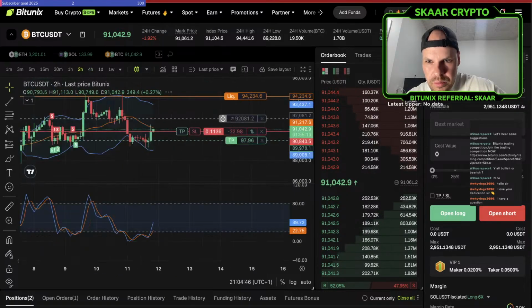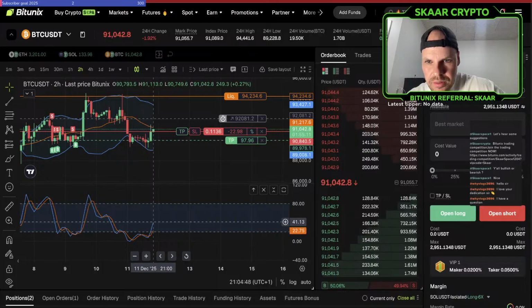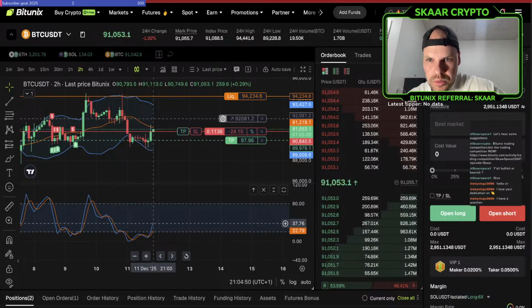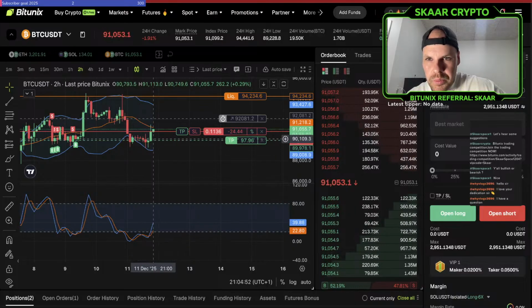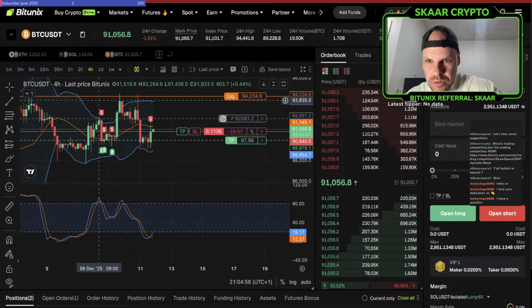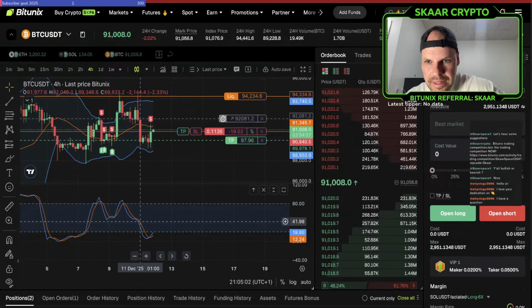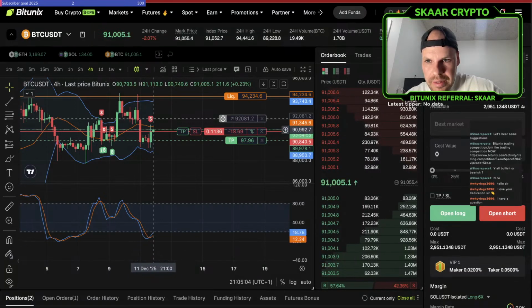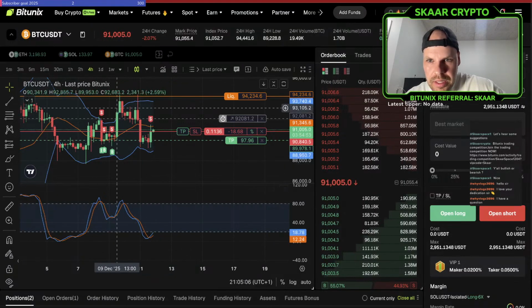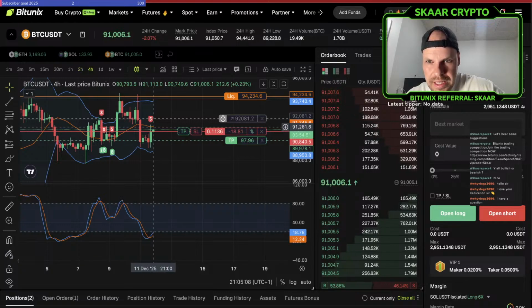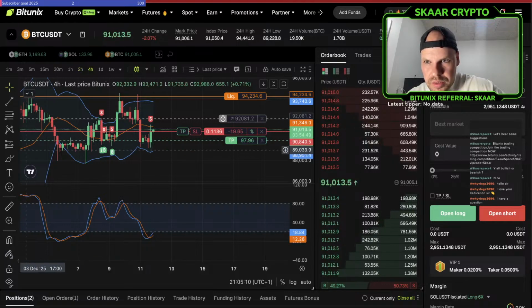On the 2 hourly, we see again it's starting to get into the overbought zone, meaning that I think I'm correct to assume, time will tell, that within these 4 hours we might either stall out here, because we're sitting high within this range, as you can see here.